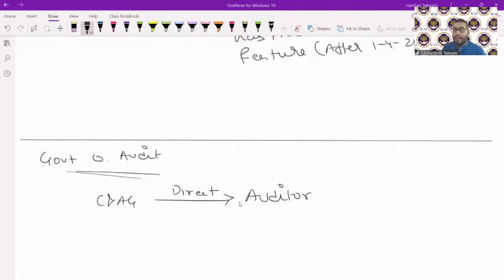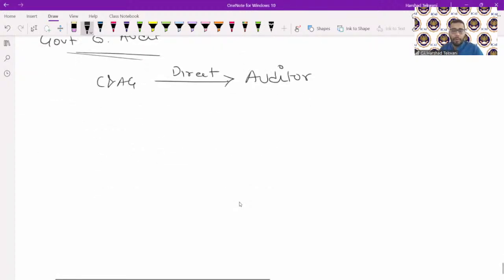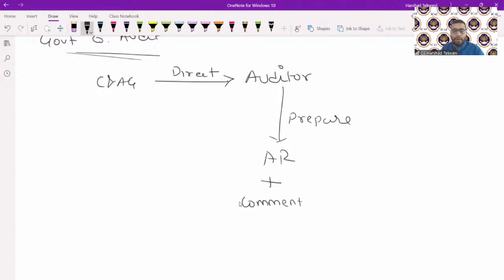Once these directions are given, the auditor is required to submit the audit report to CAG, including the actions taken on the directions of CAG. So first CAG will direct, and the auditor will prepare the audit report plus comments, or you can say action or impact on the directions, like how he has dealt with the directions.